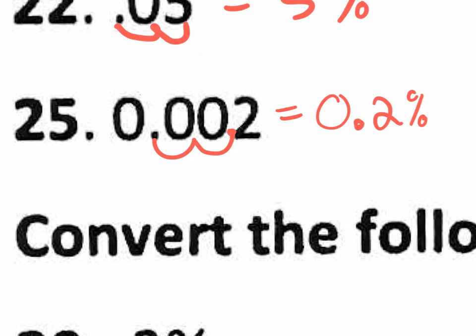Decimals do exist within percents as well, right? What does this mean, 0.2% chance? Like if they say there's a 0.2% chance of chewing bubble gum, that means it hardly happens. It's less than 1%, right? That's not a real statistic, by the way.